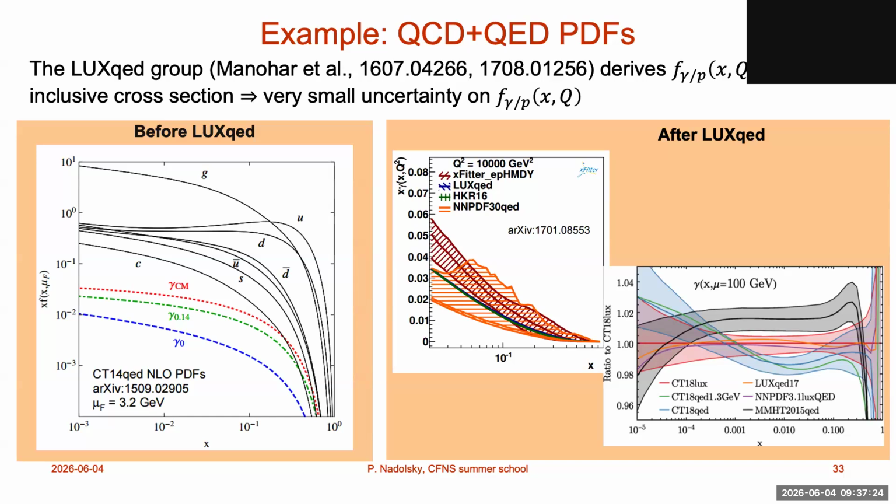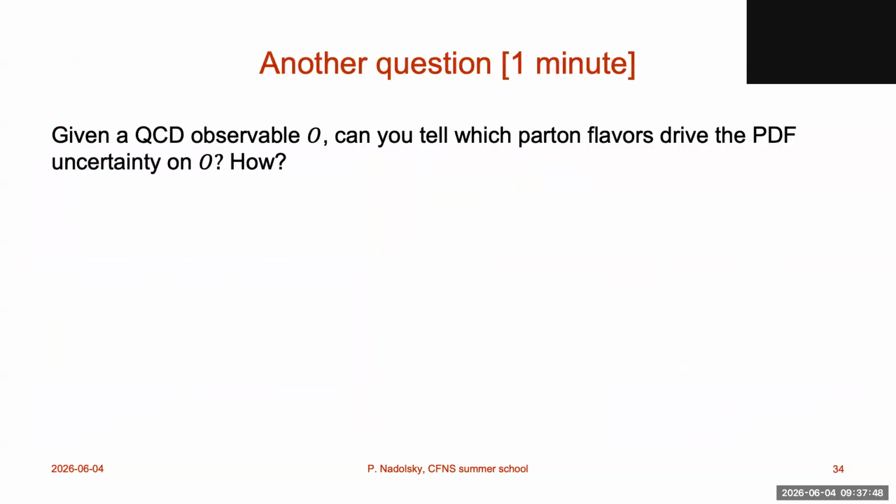You see it dramatically reduces the uncertainty. This figure shows the differences between various parameterizations of the photon PDF, and the differences are really just a couple of percent. So regardless of what you do, the photon PDFs are known extremely well, even though there are only few experiments that can directly probe them.